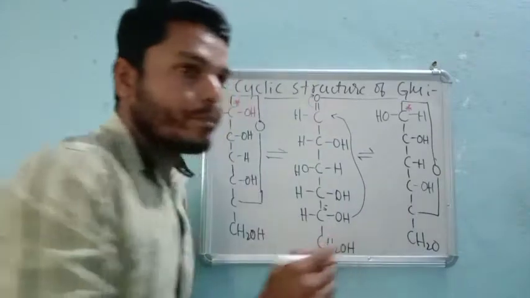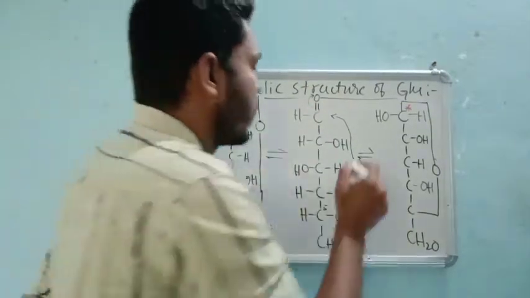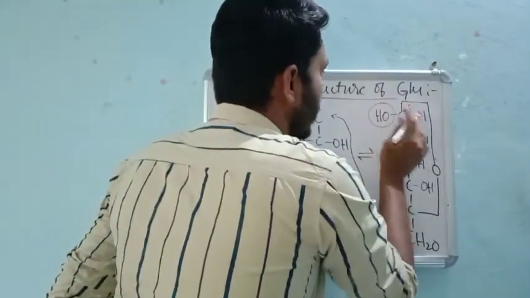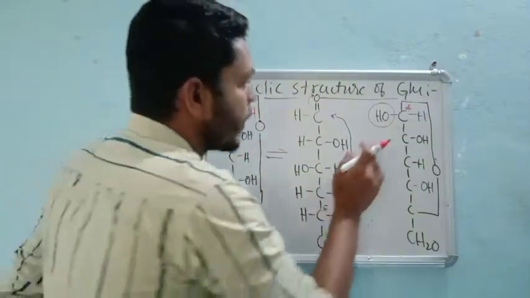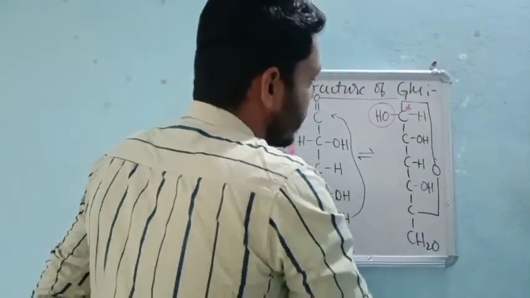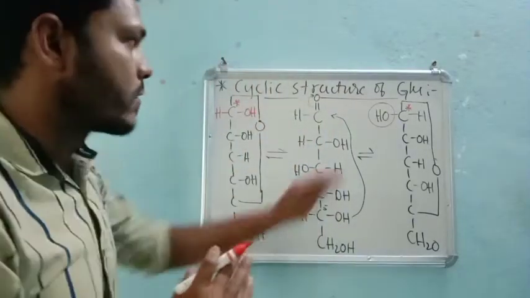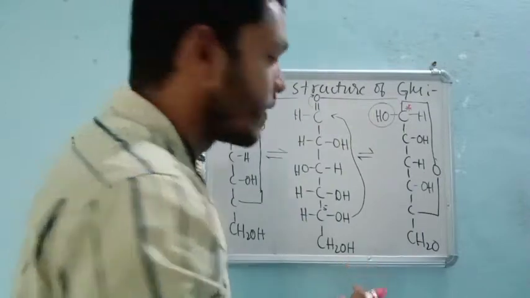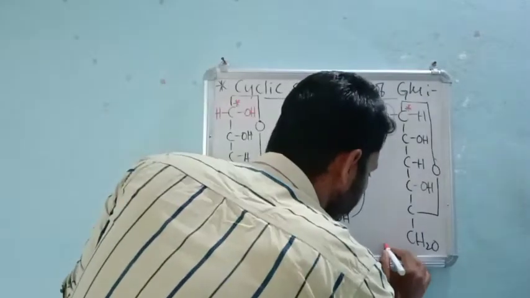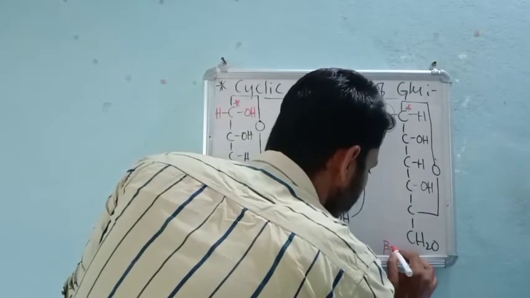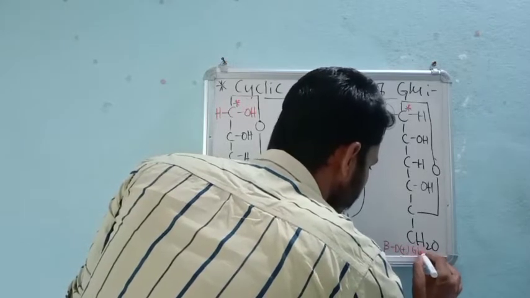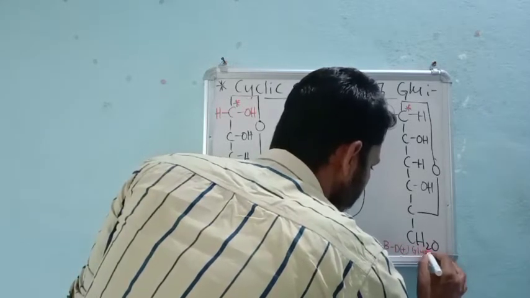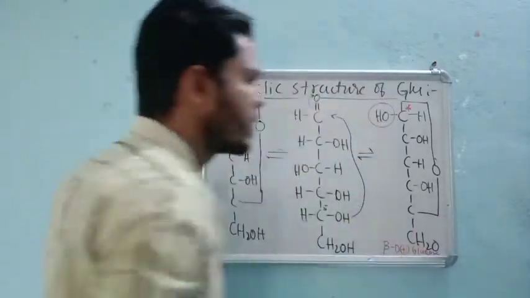If the OH group is present on this carbon atom, the aldehyde carbon atom, at the left hand side, then it is called beta D plus glucose.